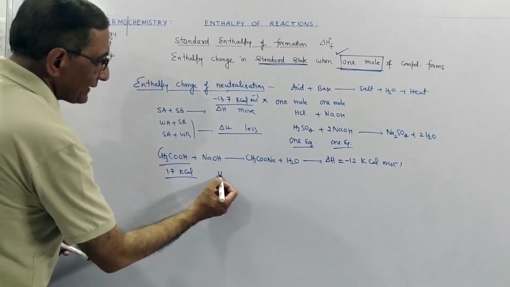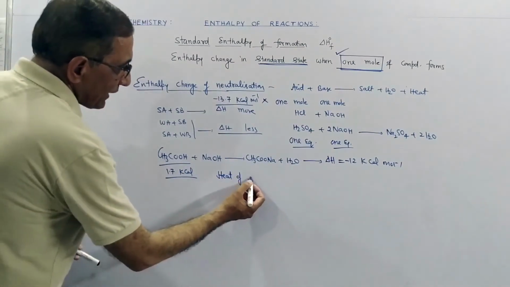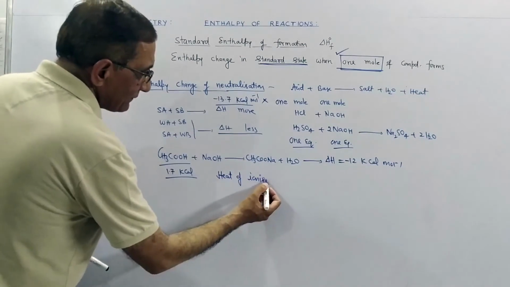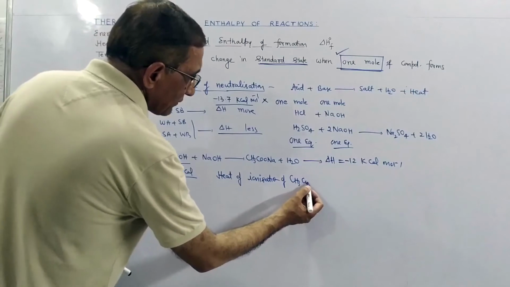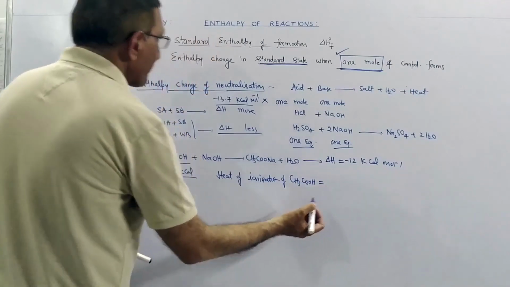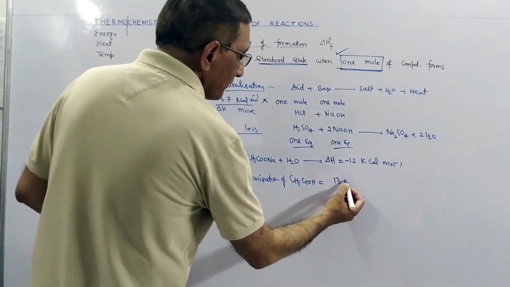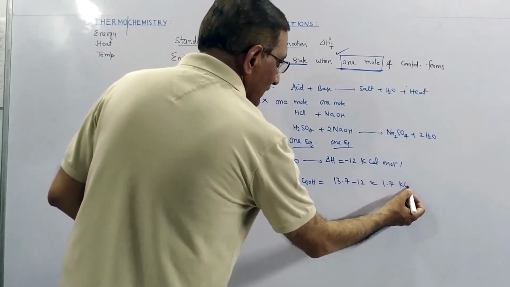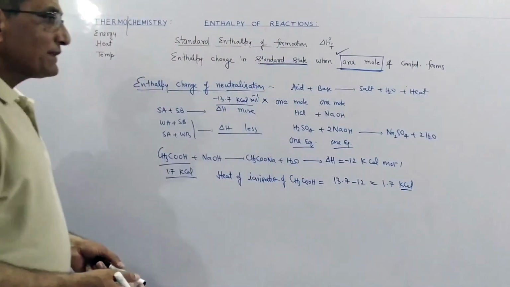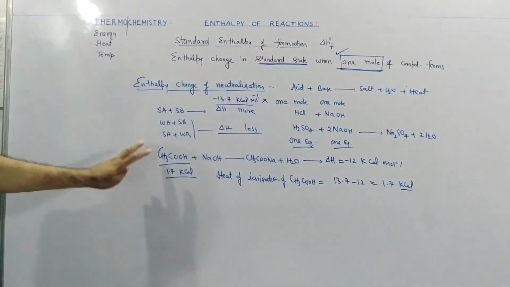So the heat of ionization or enthalpy of ionization of acetic acid will be 13.7 minus 12 is equal to 1.7 kilocalorie. So this much heat is utilized to ionize the weak acid.